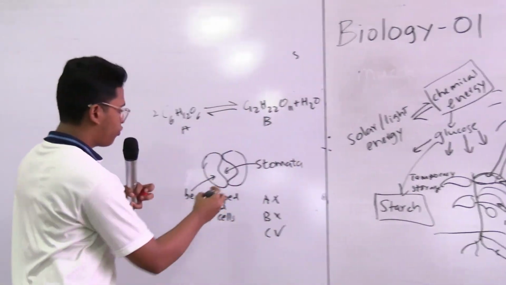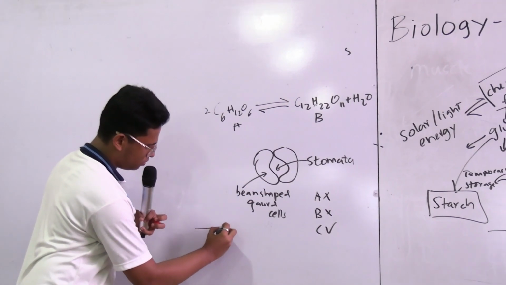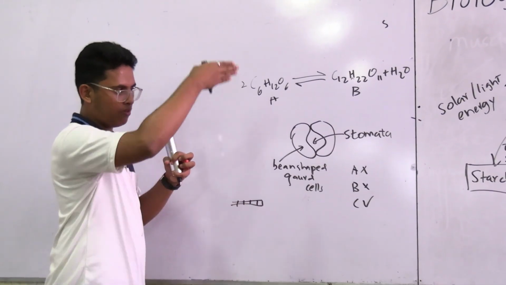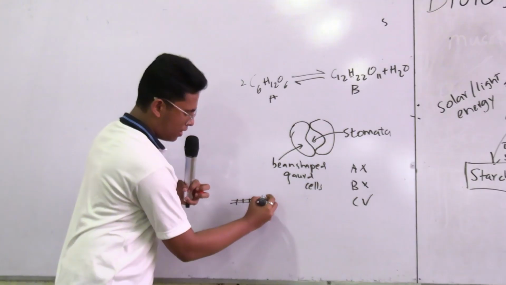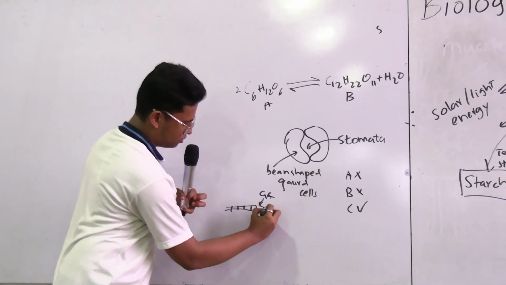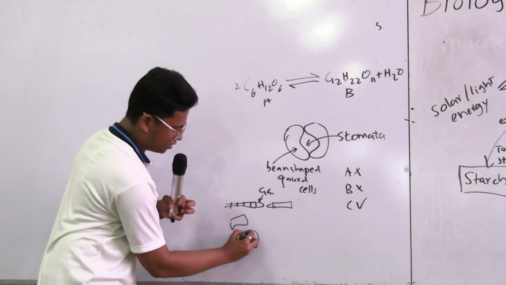Yes. So from stomata, if we do a vertical cross section, these are epidermal cells of a plant leaf. You cut a plant leaf vertically. So these are guard cells, and then you will have plant cells like this.